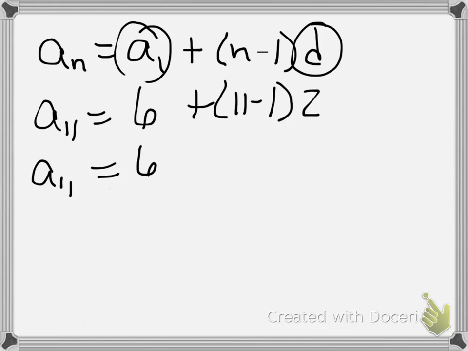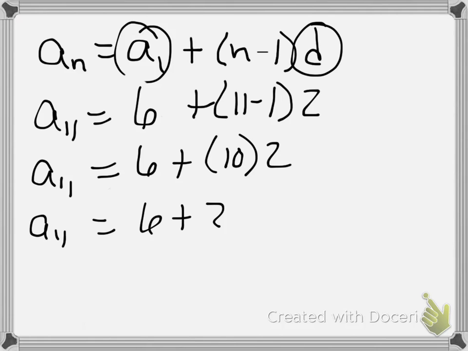So we're going to take 6 plus 11 minus 1, which is 10, times 2. 6 plus 10 times 2 is 20, and we add them together, our 11th term would be 26. So this is how you would find the nth term of a certain arithmetic sequence.